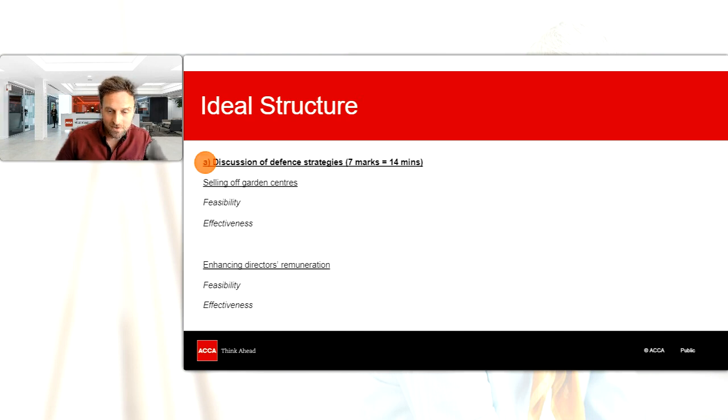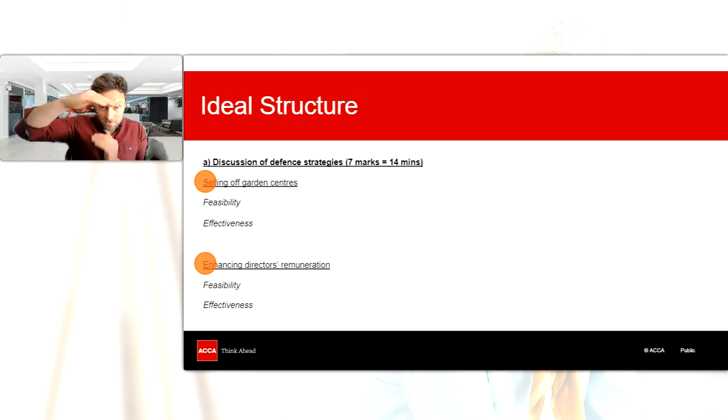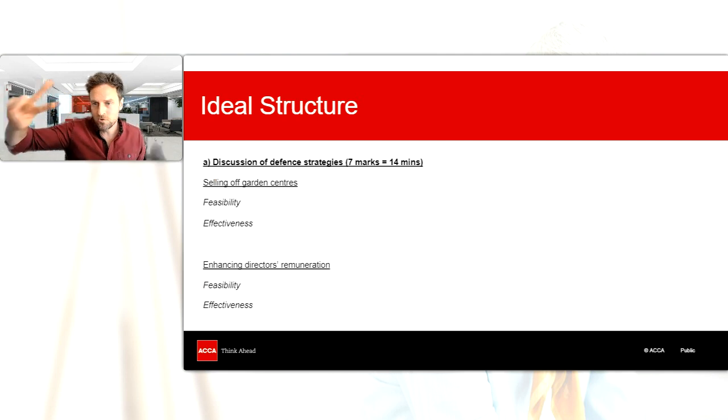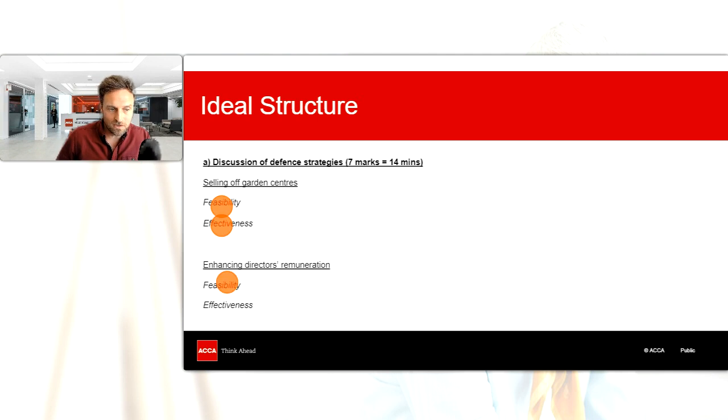I'll talk about timings later, but I would have allocated myself 14 minutes to do this. Selling off the garden centres, enhancing the director's remuneration. Those are my subheadings because it said there are 2 strategies. I'd have those as my 2 subheadings. And do you remember the requirement said discuss the feasibility and the effectiveness of each of those? So I would then discuss the feasibility and effectiveness of each.